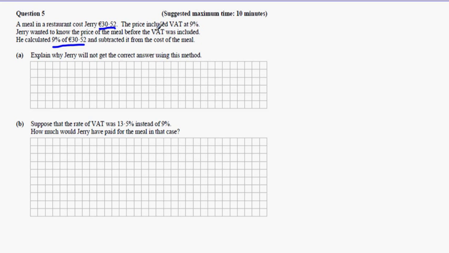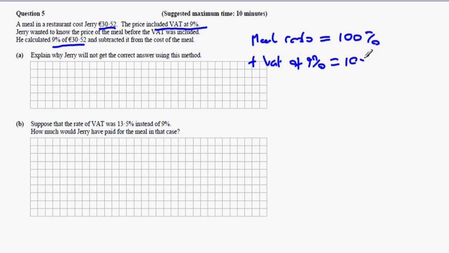Okay, when you include VAT at 109%, what we say is that the VAT is added on. So your meal costs 100%, and then add VAT, plus VAT of 9%, and that gives you 109%.